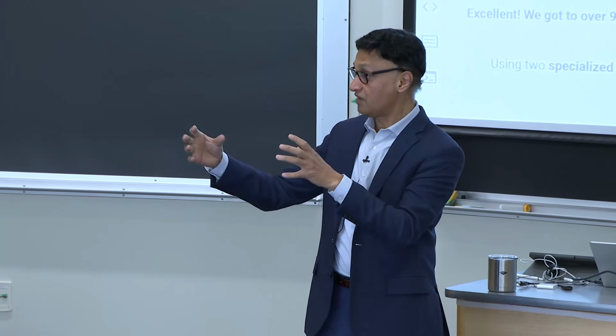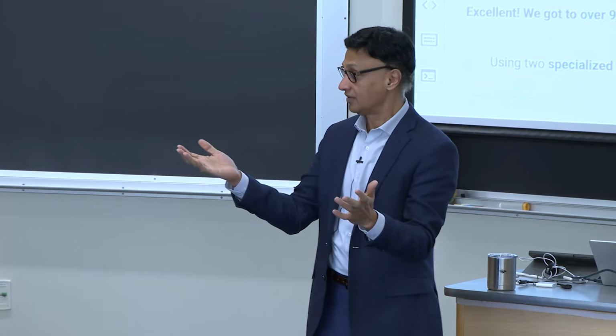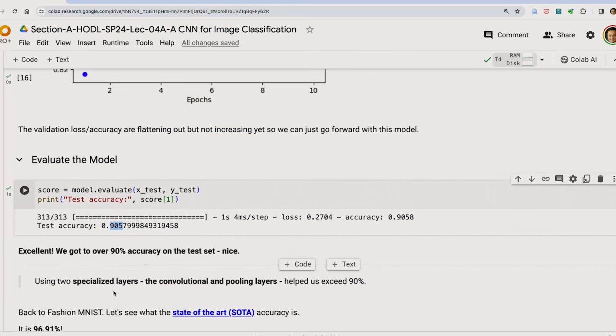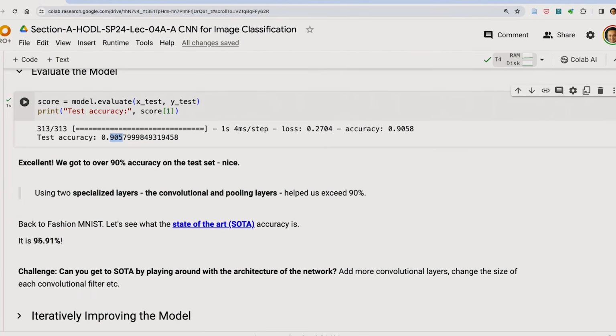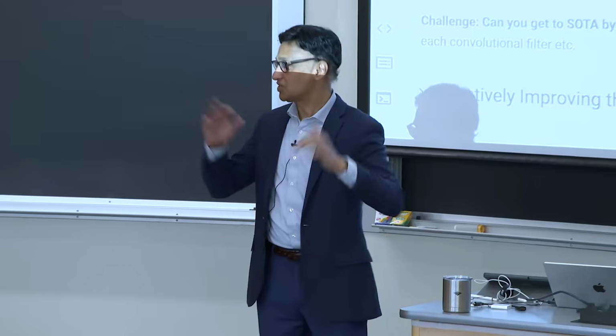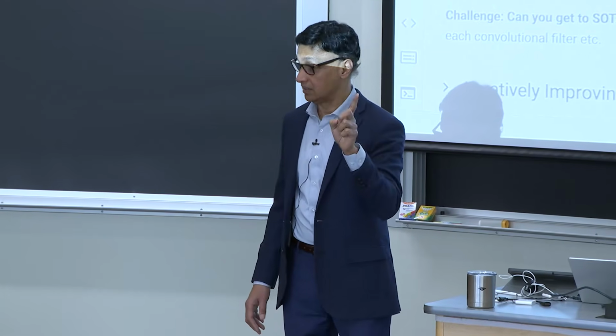From that 12%, we have knocked off 2 to get to over 90, which is amazing. In fact, I think the state of the art on this is 97%. So I invite you to take this and try different filters and so on to see if you can get to the mid-90s. It's not easy, but try it.